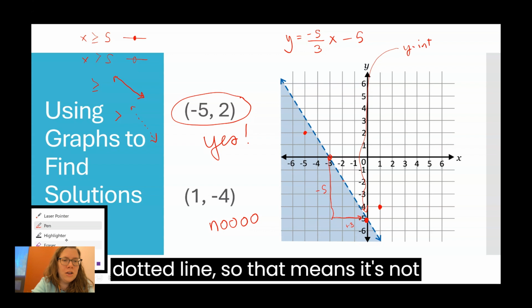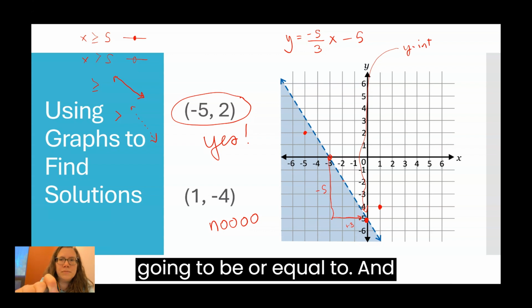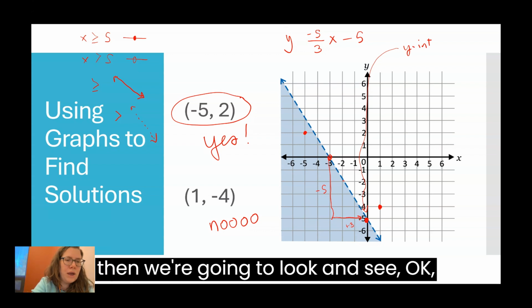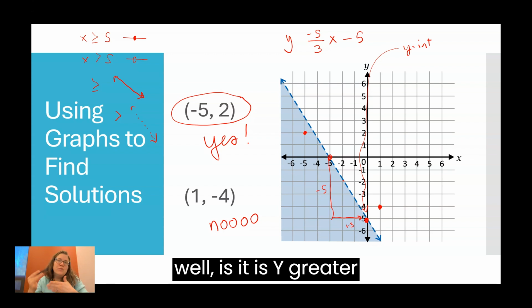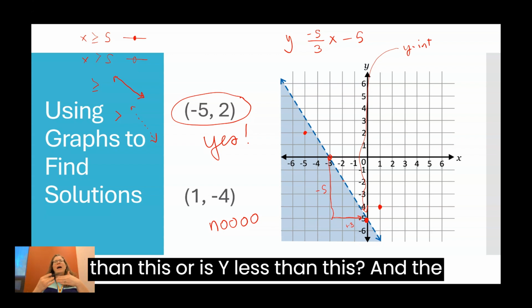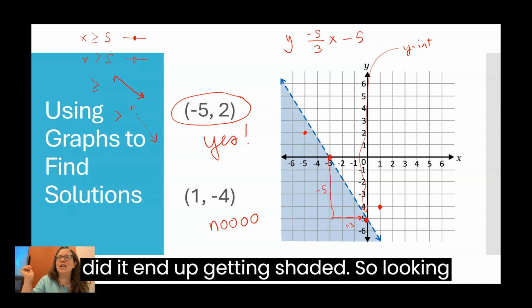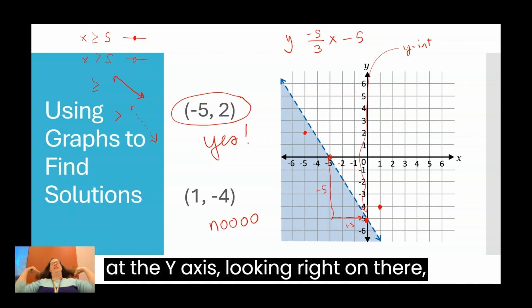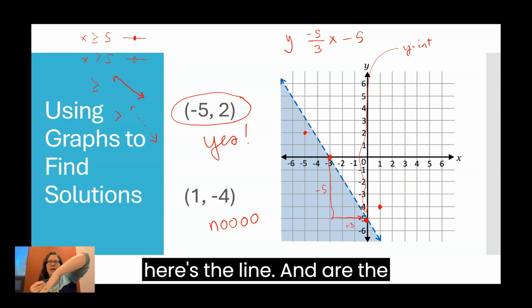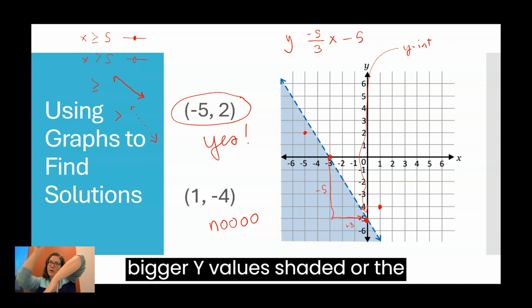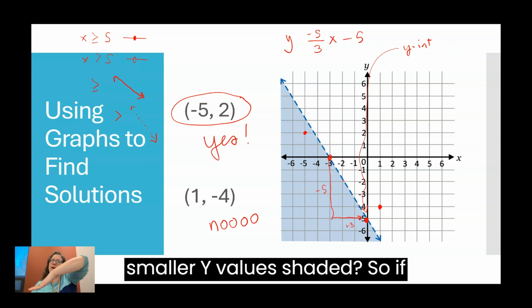So that means it's not going to be or equal to. And then we're going to look and see, okay, well, is y greater than this or is y less than this? And the way we look at that is we see which way did it end up getting shaded. So looking at the y-axis, here's the line, and are the bigger y values shaded or the smaller y values shaded?